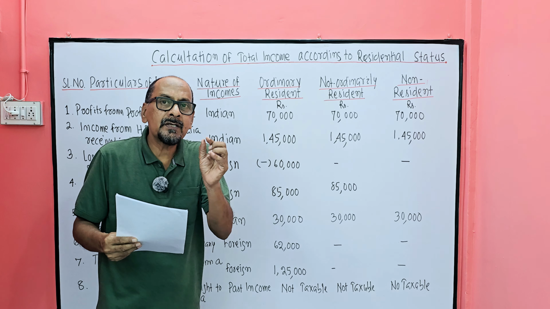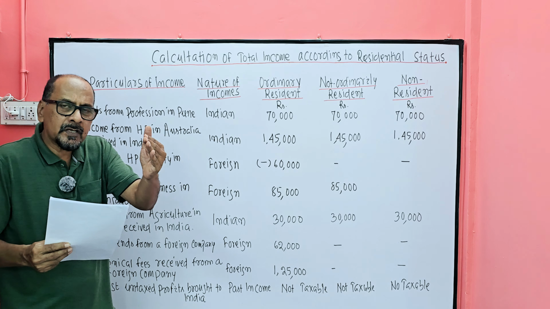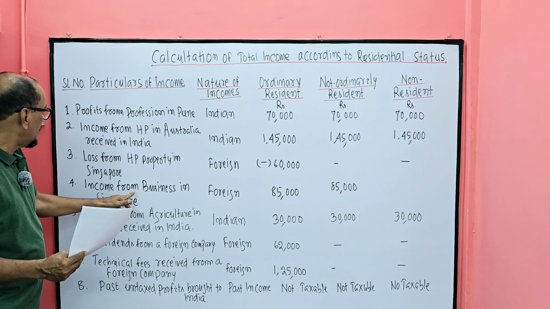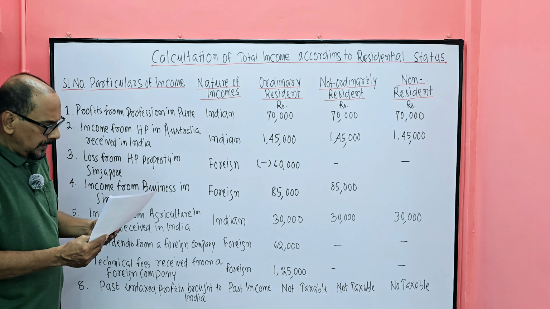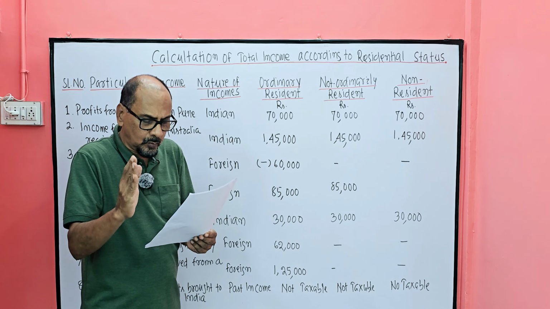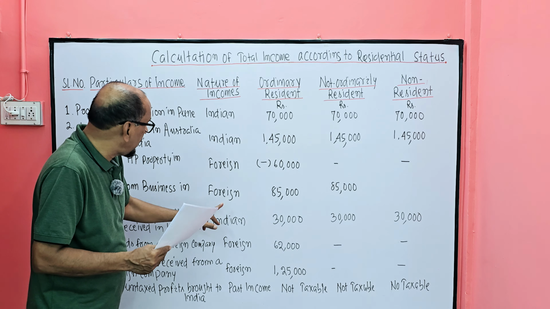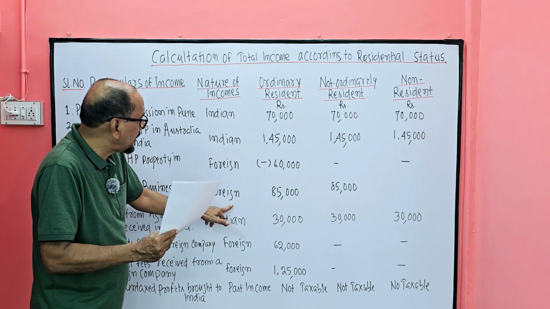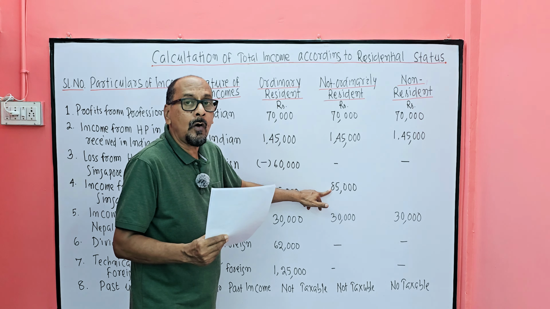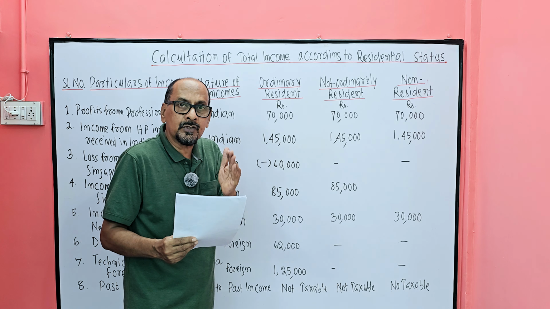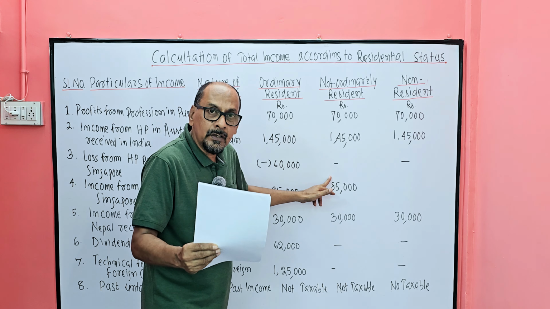It will mean that it is a type of foreign income, and it is taxable in case of an ordinary resident and not ordinarily resident. So 85,000 is taxable in case of an ordinary resident and not ordinarily resident.